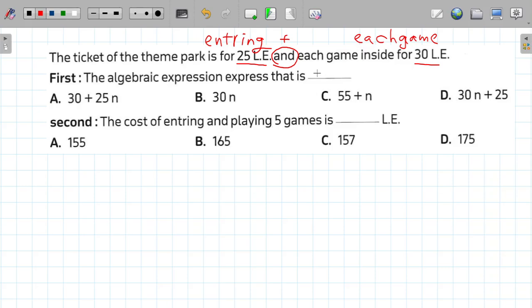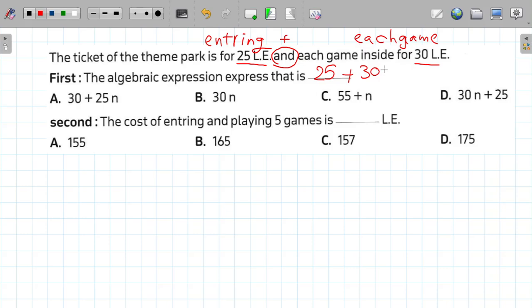First, I will enter the park for 25 pounds. Next, I will play every game for 30 pounds, and every game here is n. So I can say 30 times n, so I will repeat 30, n times, by addition.